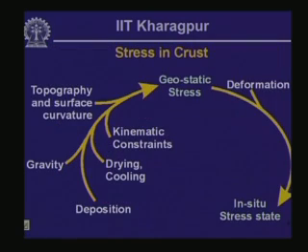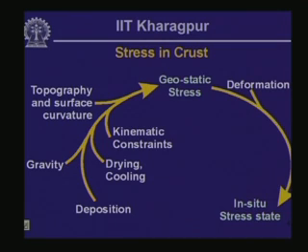Okay. So first question comes, how does the state of stress develop within a particular element at some depth within the crust of the earth? So what are the factors that affect the state of stress? They are as follows.